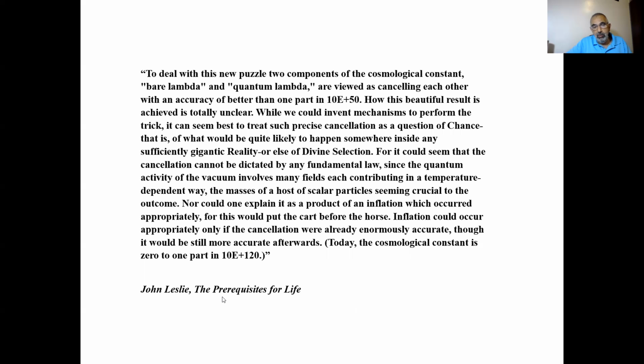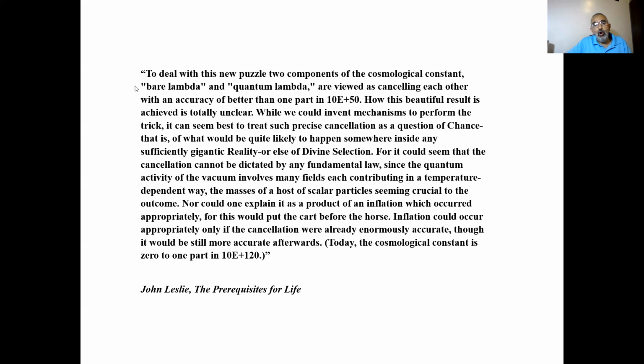So how can this be? Well, it turns out that the cosmological constant is actually very complex. It's made up of multiple parts. It's made up of something known as bare lambda and quantum lambda. And the cosmological constant can have parts that are positive and parts that are negative.